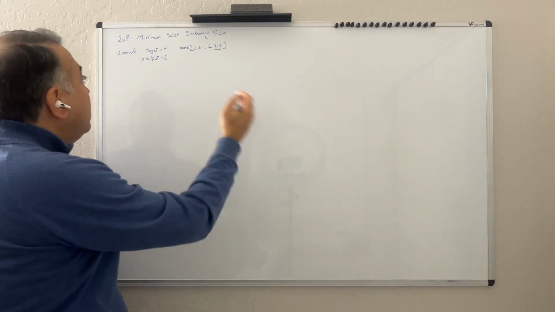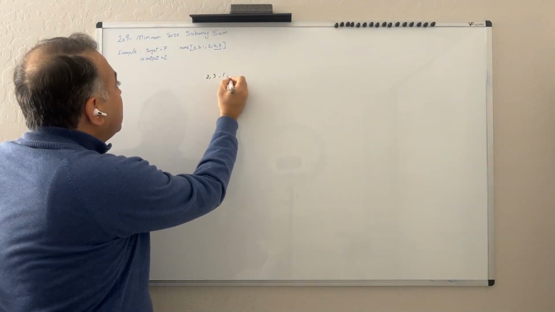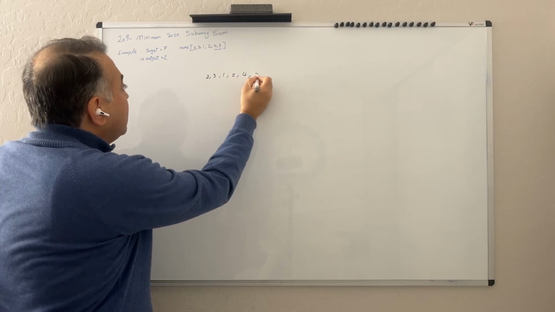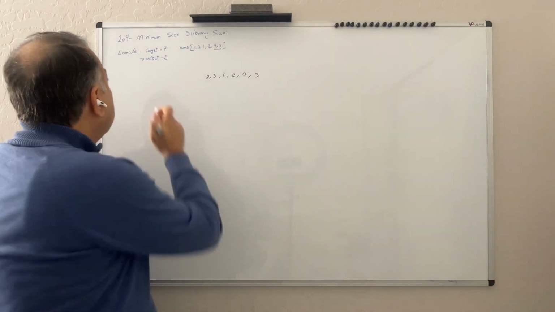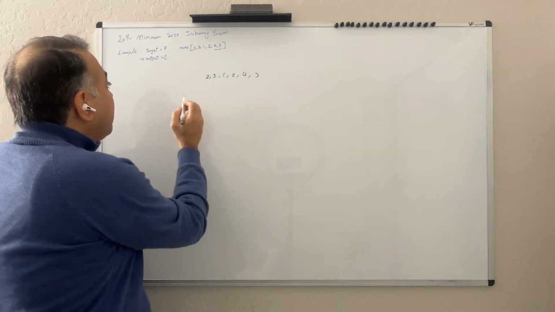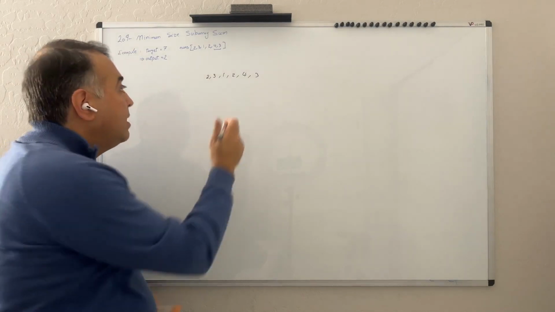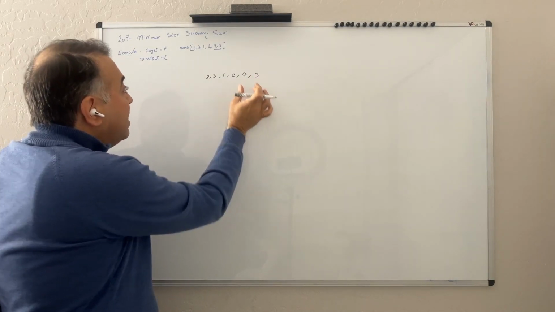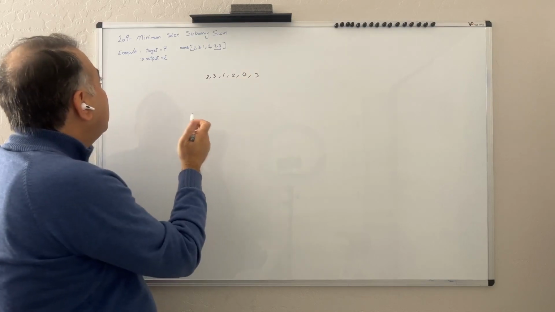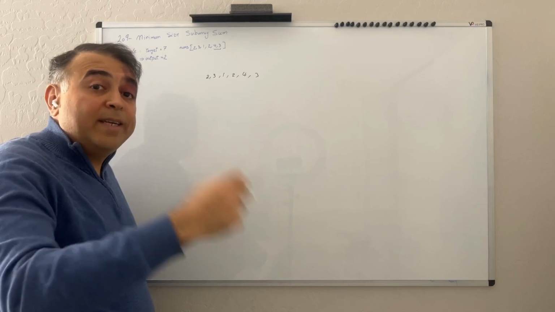So I'm writing the numbers here: 2, 3, 1, 2, 4, 3. This is the array that the problem gave us, and this is the target, number 7. So we need to find the numbers in the minimum length such that the sum is equal to or greater than the target.